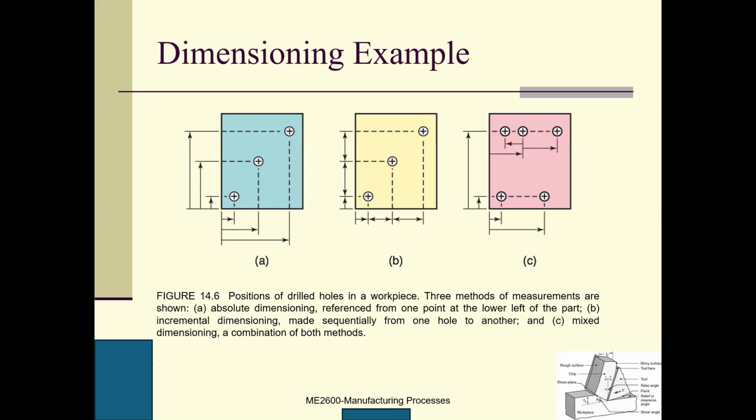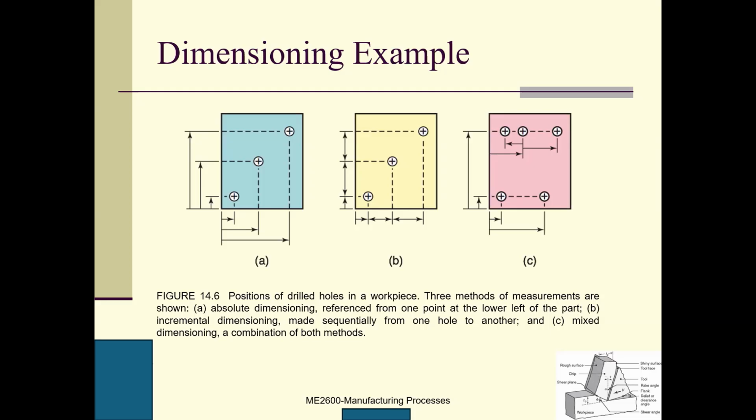And the second one is incremental positions. From here, and then the next hole is positioned based on this hole. That means from this hole, I want to go further about this length in this direction. So this is my second hole. Same thing, this is my third hole. So this is based on the previous position.